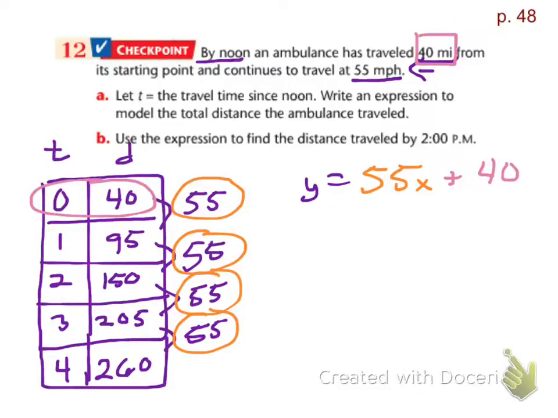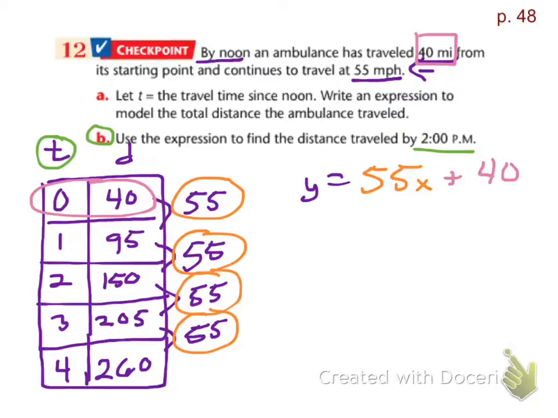Okay, so then the next thing that I would need to look at is question B. It says use the expression to find the distance traveled by 2 p.m. So I want to convert my time to actual time in the day.